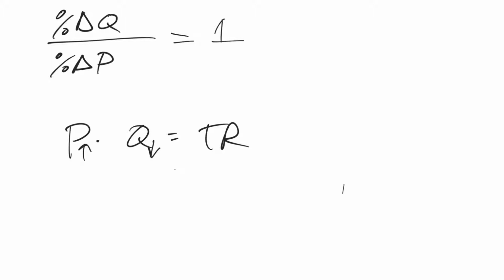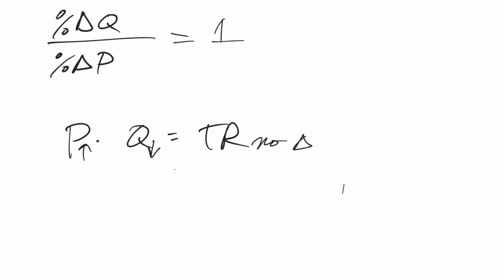Well, in this case, if price elasticity is 1, that means the numerator and denominator are equal to each other, which means the price increase and the quantity decrease offset each other, and there's no change in total revenue. So price elasticity equal to 1, no change in revenue. Price and quantity move opposite of each other, but total revenue stays the same.